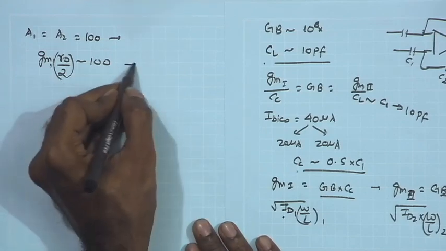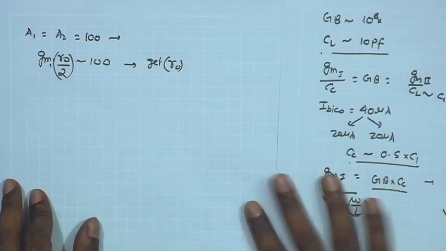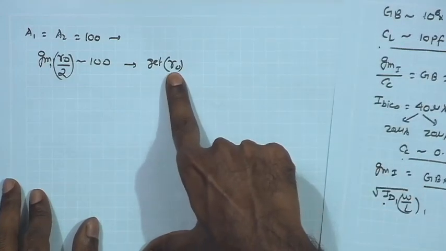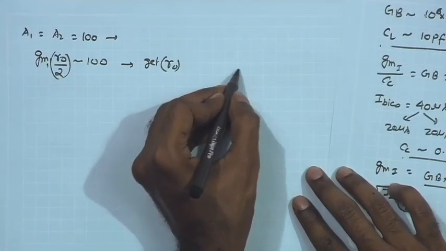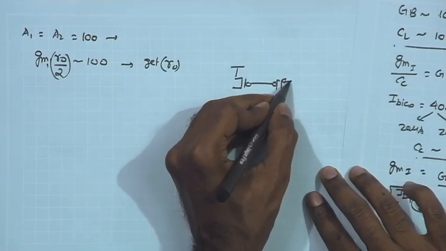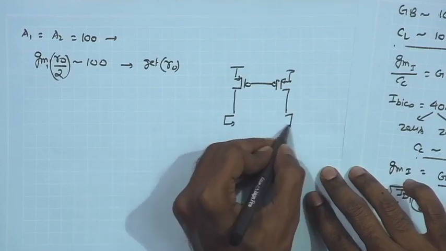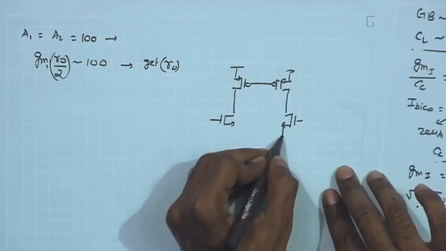So, I can obtain RO of the input device. Now, RO of the input device does not mean that both the ROs come into the picture. The RO which is smaller will be coming into the picture while determining the gain of the first stage.